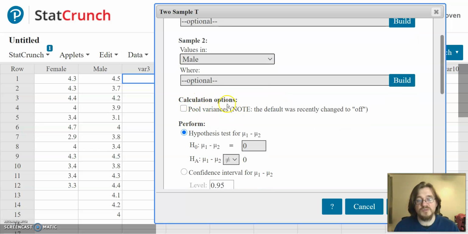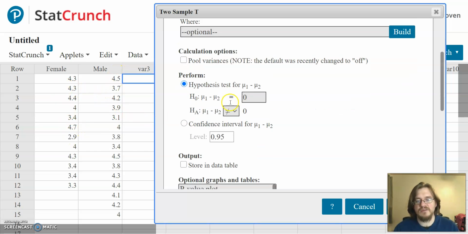We do not want to pool our variances because we do not know if the standard deviations are going to be the same. And instead of performing a hypothesis test, I want to create a confidence interval. And our level of confidence should be 95%, 0.95, because our significance level is 0.05. So 1 minus 0.05 gives us our confidence interval.